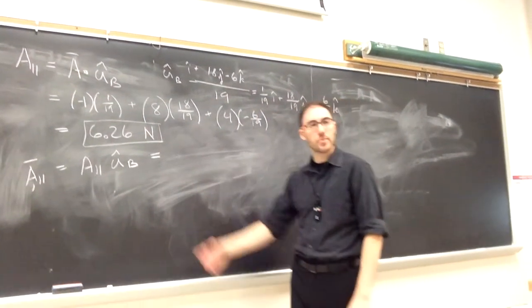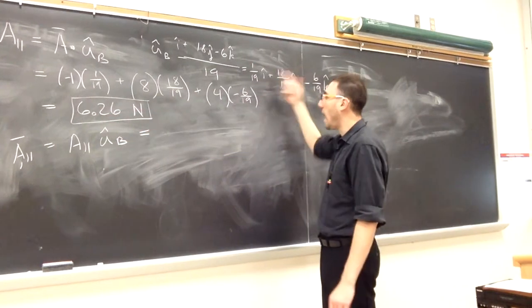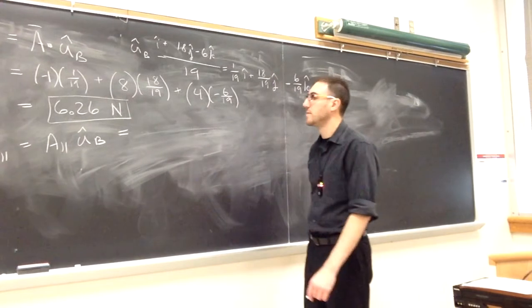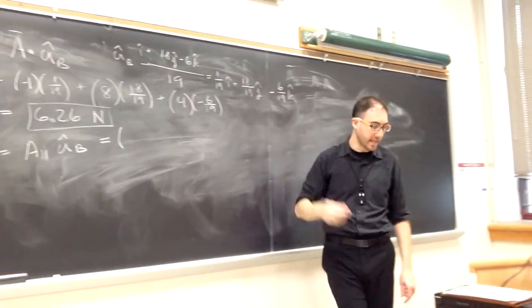So I'm going to basically distribute this 6.26 into the i, j, k components of U hat. So this is going to give me 6.26 times 1/19.